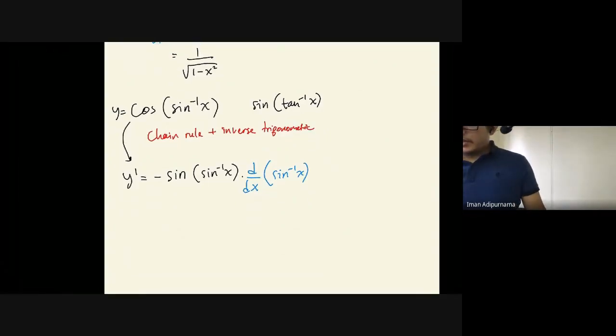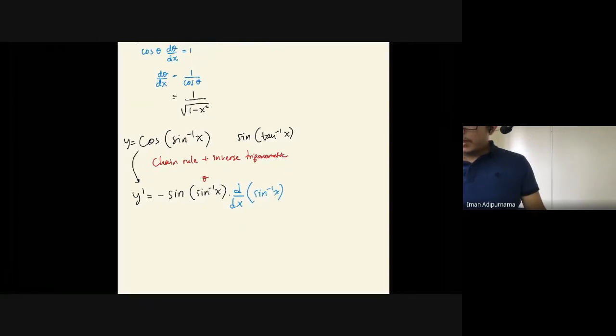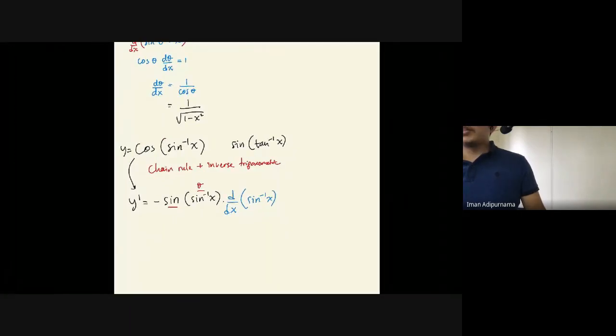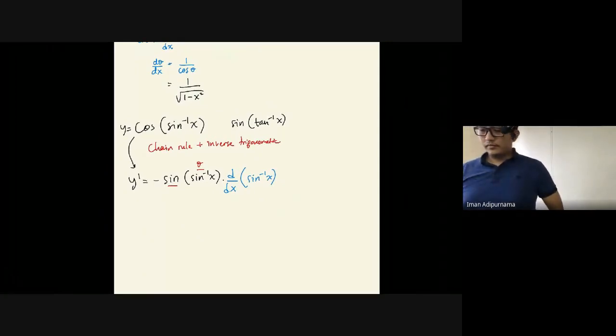If you define this as theta, then this becomes sine theta, and you can get sine theta from the triangle. You can also draw a triangle here. I hope you get the idea. And then after that, you just multiply with this.